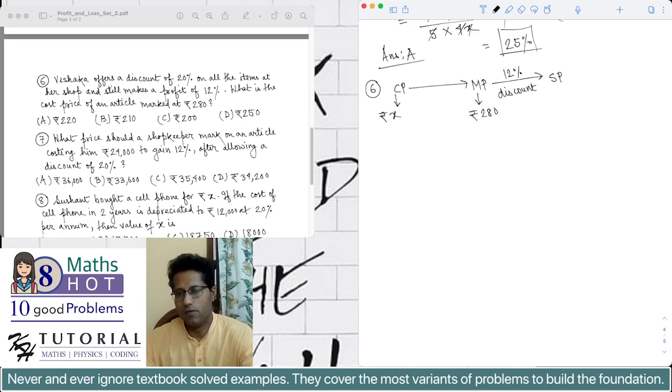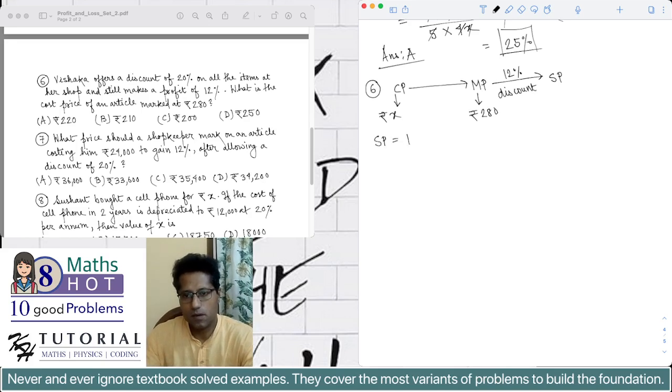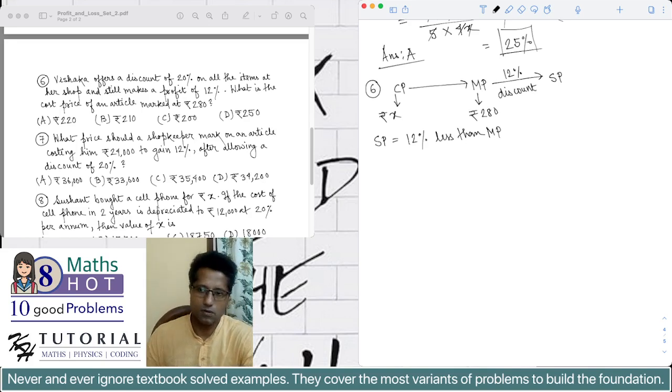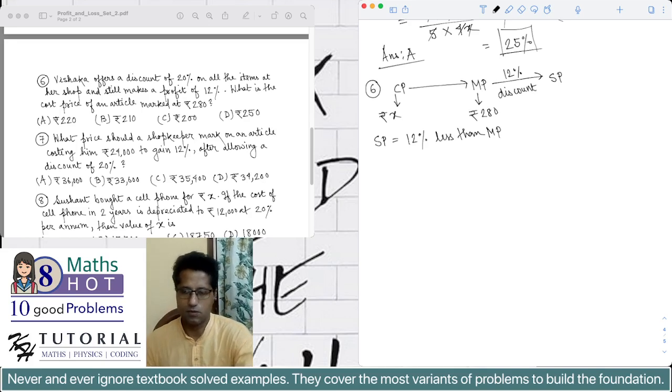Now, when the marked price is given and the discount is given, we can obviously find the selling price. Selling price will be equal to 12% less than the marked price, because the discount is deducted from the marked price to give the final selling price. Discount is the discount rate of the marked price, which is equivalent to 12% less than the marked price.